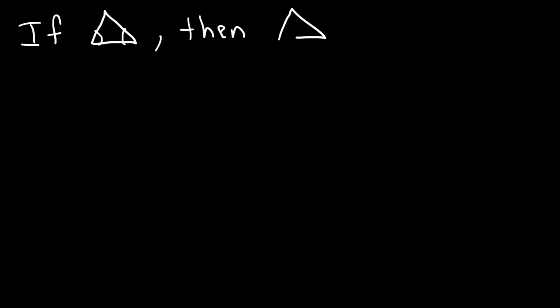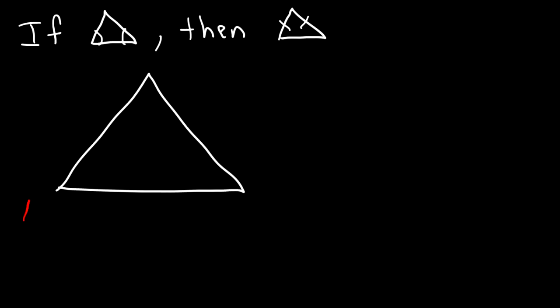Now the converse of the angle side theorem is also true. So if two angles of a triangle are congruent, then the sides opposite those angles are congruent as well. So let's look at an example.